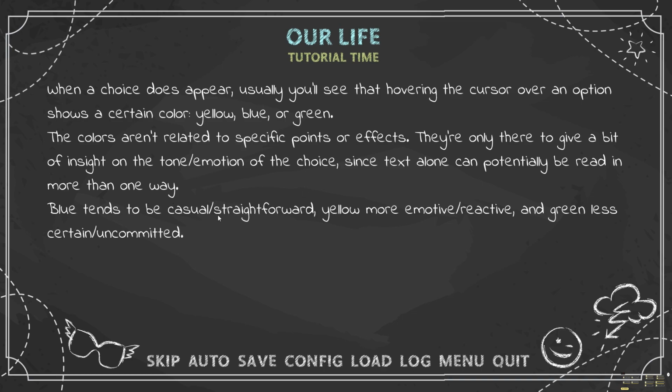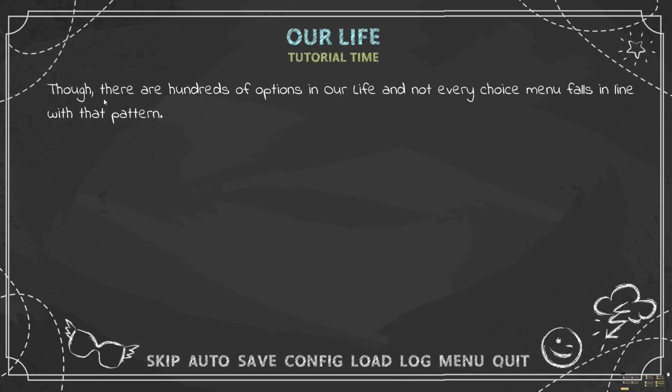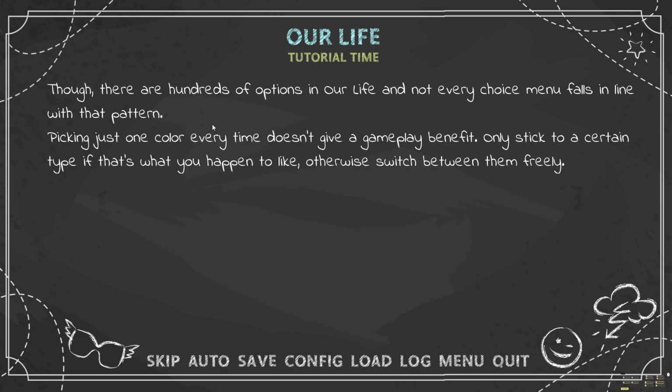Blue tends to be casual, straightforward, yellow more emotive and reactive, and green is less certain and uncommitted. Interesting. Though there are hundreds of options in our life, not every choice menu falls in line with that pattern. Picking one color every time doesn't give a gameplay benefit. Only stick to a certain type if that's what you happen to like, otherwise switch between them freely.